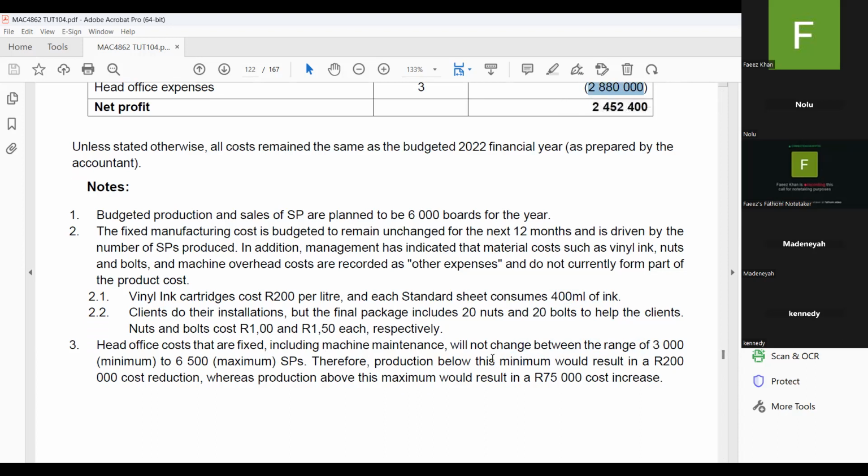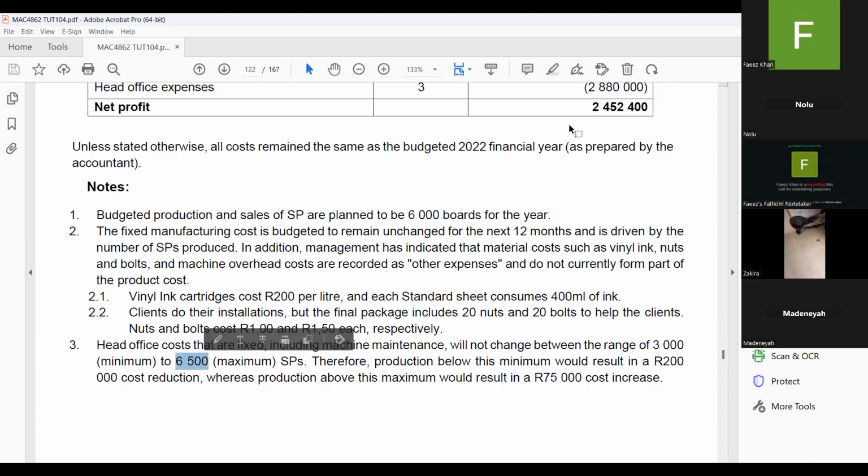Therefore, production below this minimum would result in a 200,000 cost reduction, whereas production above the maximum would result in a 75,000 Rand cost. So if our production is less than 3,000, then the head office cost would be 2,880 minus 200,000. If the units produced is more than 6,500, then our head office cost would be 2,880 plus 75,000 Rand. So just take note of that.